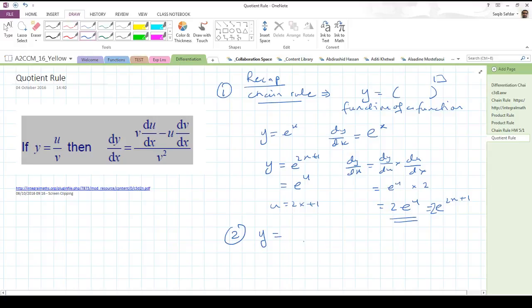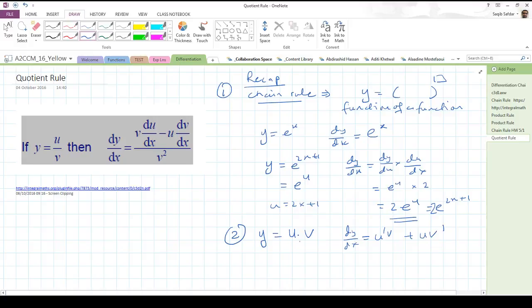Give an example. Okay, so like u times v. Yeah. And when you work out dy over dx? Okay, so you get u prime v plus v prime u.